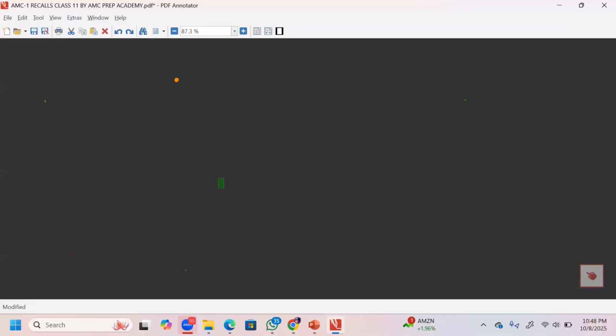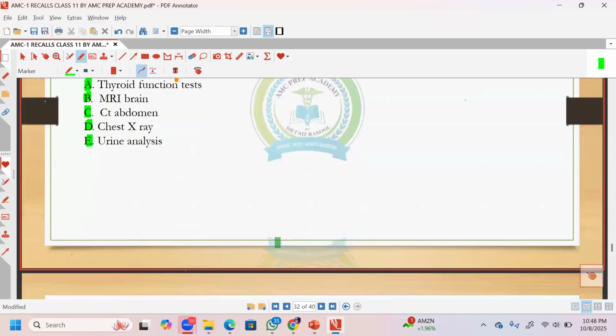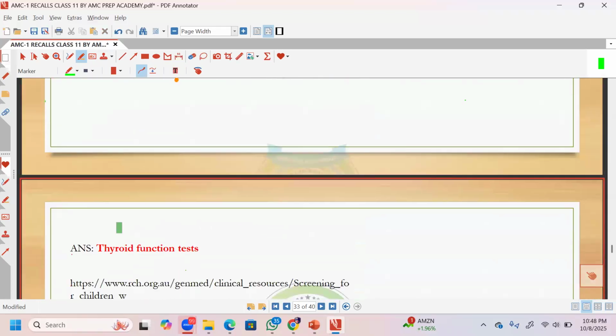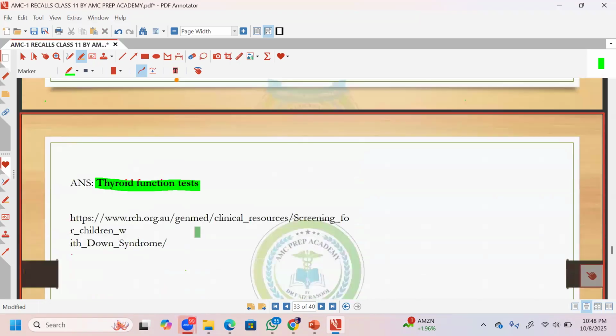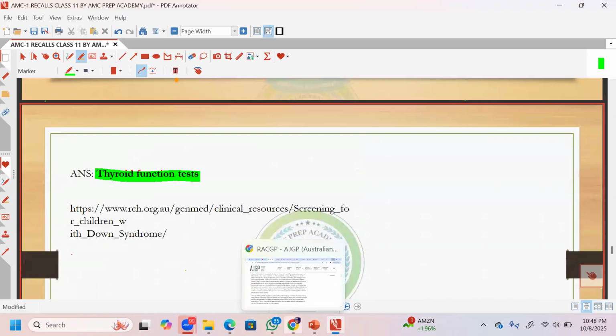Okay, yeah, we will go with the guideline, doctors. Let me see the answer as well before going to the guideline. Thyroid function test is our next step, and we will go with the RCH guideline.